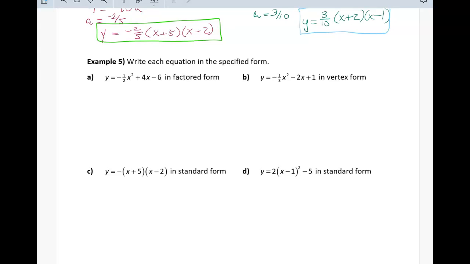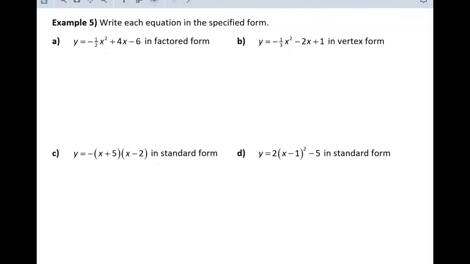We are going to move equations from one form to another. So if I have an equation in example 5a where it's in standard form and I want to move it into factored form, we have to just factor. The very first thing that we're going to factor is the a value, because in factored form a is factored out.